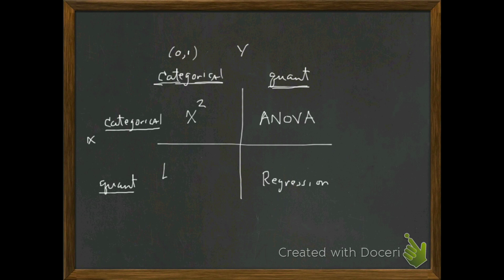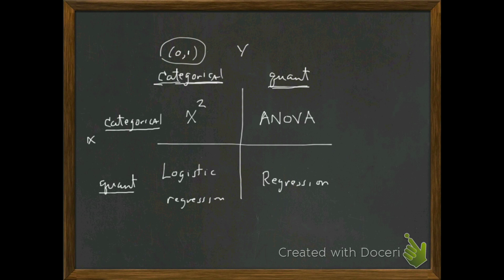Speaking of which, if the predictor is quantitative and the outcome is categorical, and again dichotomous, then we could use logistic regression. Logistic regression can be expanded into ordinal regression and multinomial regression, but right now let's just keep it here.